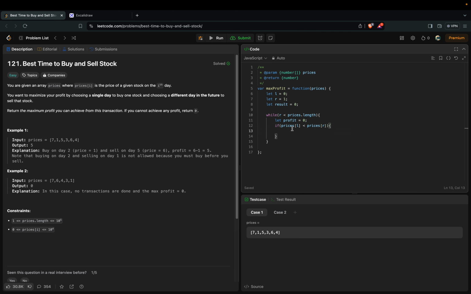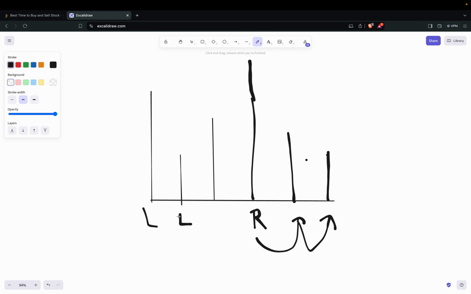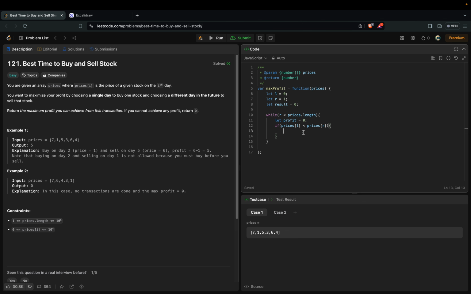So if our left is less than R, then, if you remember, we were moving right and keeping the price difference.